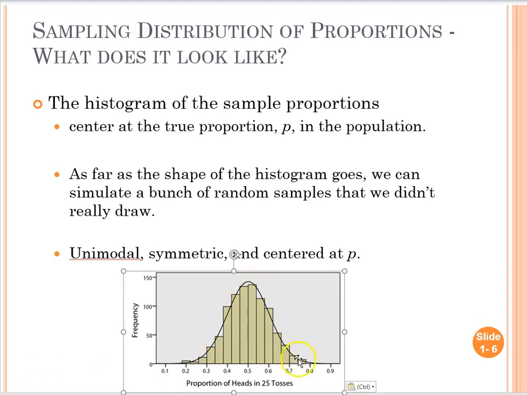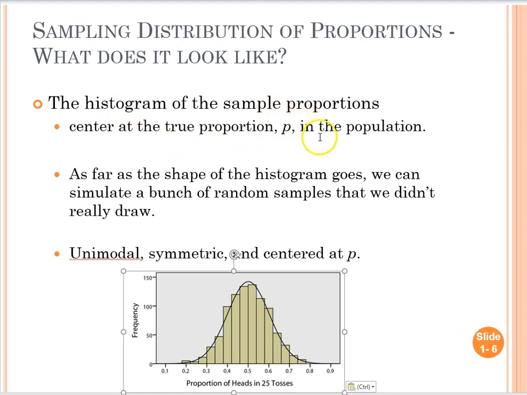So the look of this distribution holds anytime we're looking at a proportion in general. So again, if we're looking at the proportion of people that have gone to jail, or the proportion of people that believe in ghosts, this is true for any histogram of the sample of proportions. It's going to be centered around the true proportion.